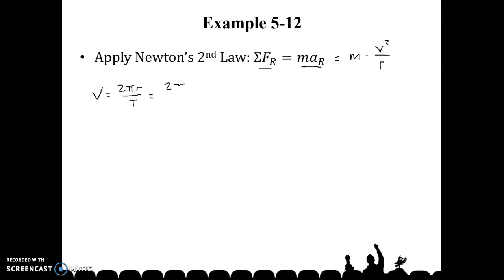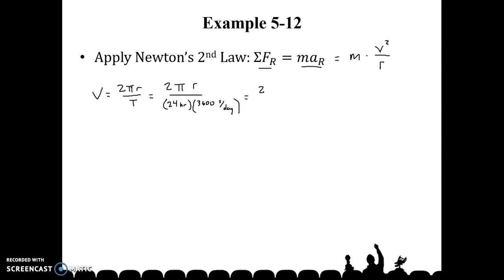So it's going to be 2 pi, and what is the radius? Well, that's what we want to determine. R is what we're going to solve for. And t, what is t? Well, it's 24 hours in a day multiplied by 3,600 seconds per hour.